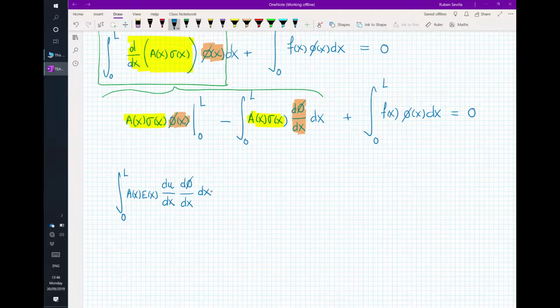Okay, and then I'm going to say that this is equal to the part containing the external force plus the part on the boundary. Okay, just put to the left.